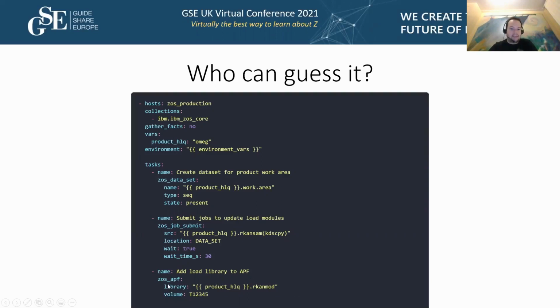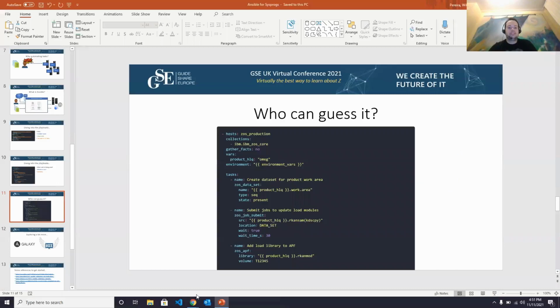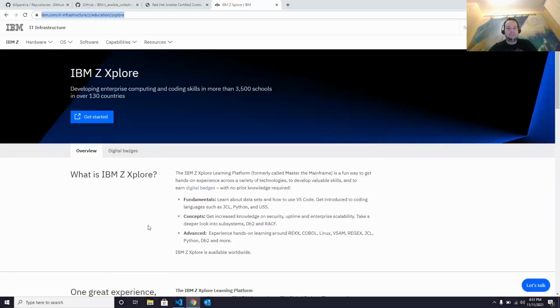So here I have the zos_apf module passing these two attributes, what's the data set and what's the volume that's being added. Here we are talking about basic examples, but it's just to demonstrate how simple it can be for anyone to get started.